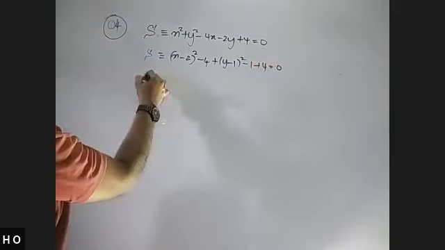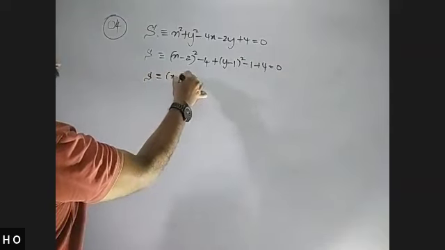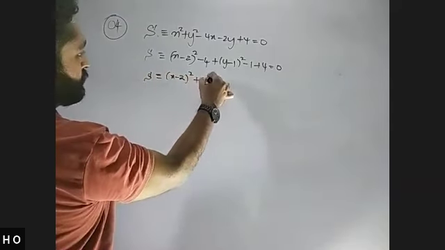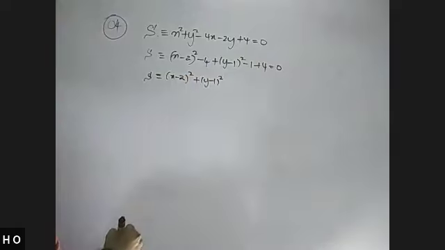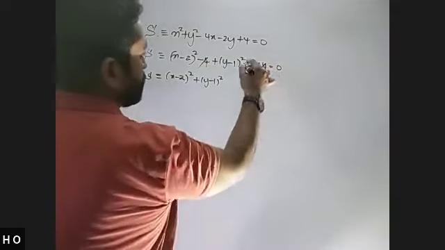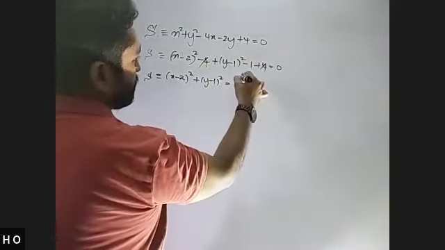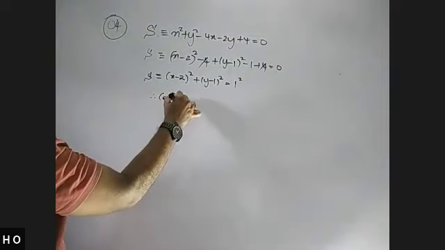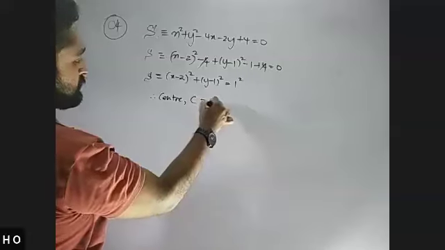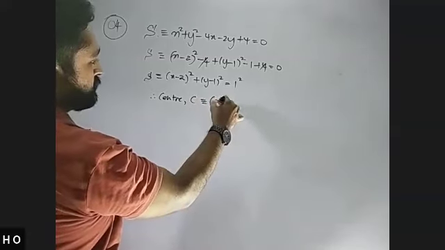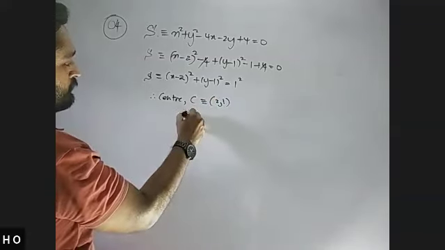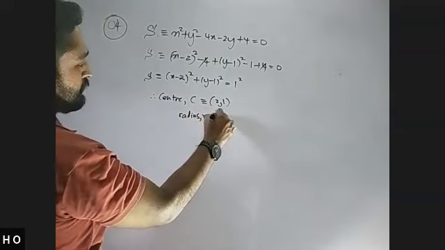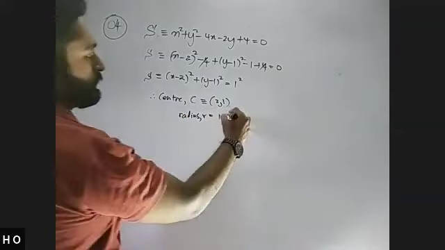Further, this is going to be x minus 2 squared plus y minus 1 squared, minus 4 plus 4 minus 1, to the other side is 1, which is 1 squared. Therefore, you can say center, let us take it as C, for the circle is 2, 1. Radius, let us take it as R, is 1.